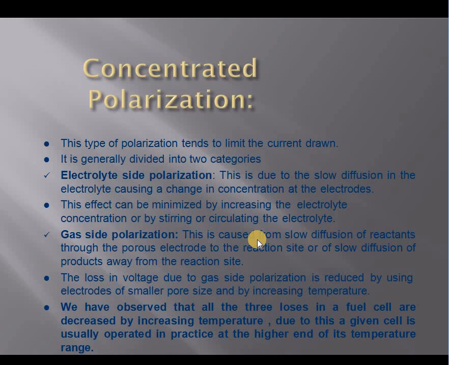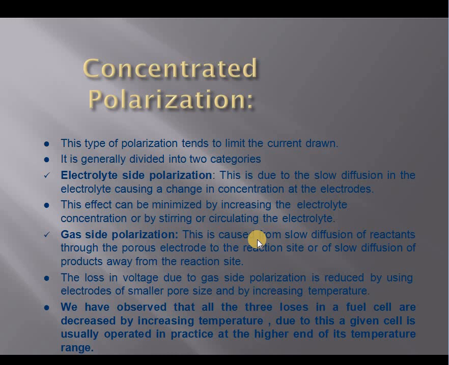Now the next one is gas side polarization. This is caused by slow diffusion of reactants. In the electrolyte side, the slow diffusion of the electrolyte was causing the polarization. Here in gas side polarization, it is caused by the reactants, as the gas may pass through the porous electrode.